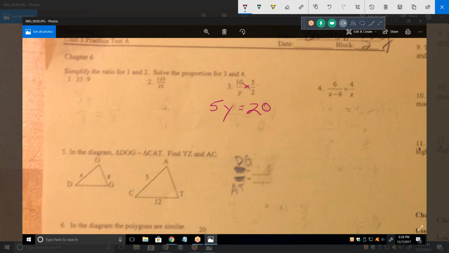Now what's y equal to? Yeah, and if we look at that proportion, we'll see that 10 divided by 4 is the same as 5 divided by 2. So you can kind of check it. Okay, use the same technique on the next problem.